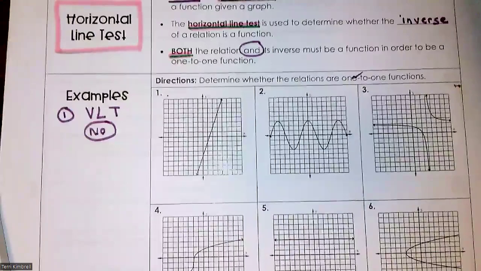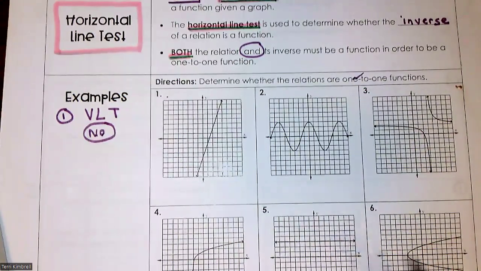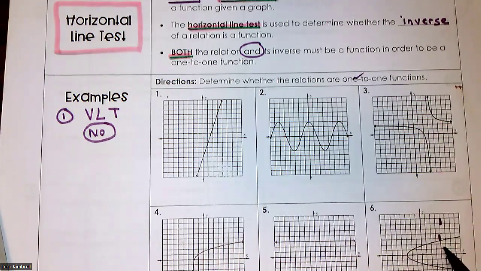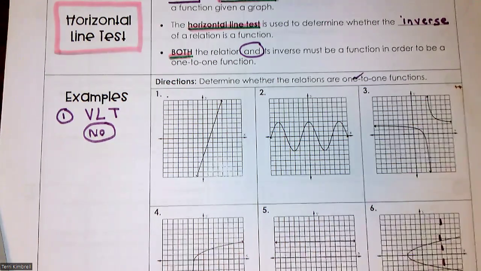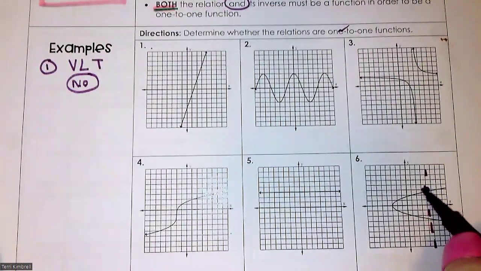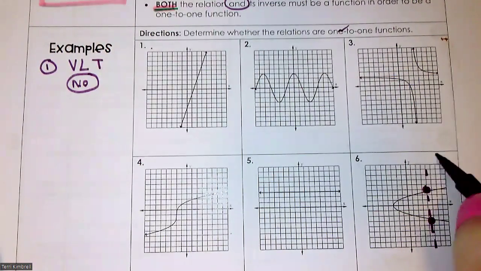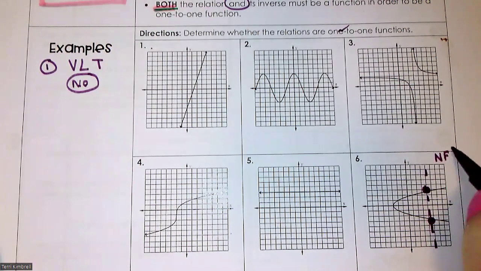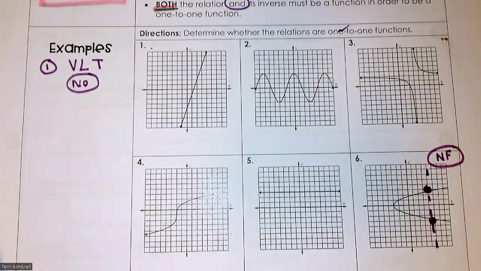So it has to be a function before it can be called a 1 to 1 function. So when you're doing the vertical line test, you can see right here, if I did the vertical line test, it would touch more than one point at the same time. So this one is not a function. So therefore, it cannot be 1 to 1.